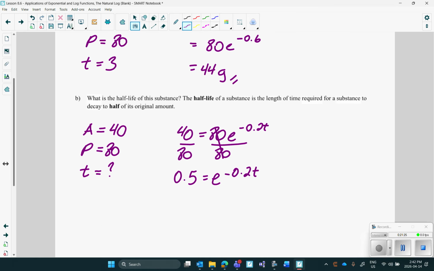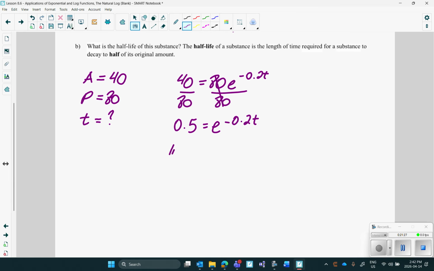Log both sides, which allows you to use one of the log laws to pull the unknown down from the exponent. So we get log 0.5 equals negative 0.2 T ln e.